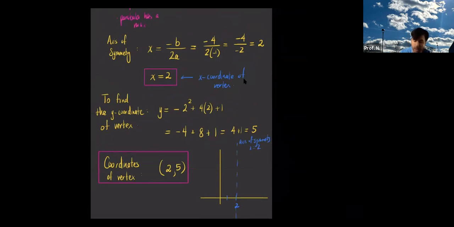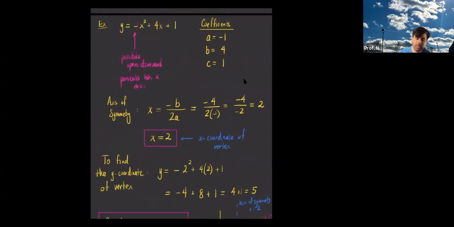And I know that also represents the x-coordinate of my vertex, but my y-coordinate, it's 1, 2, 3, 4, 5, right here. That's that point. This is my vertex, right? My vertex is 2, comma 5.